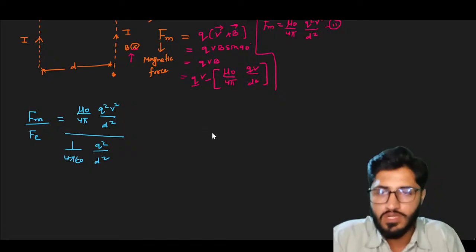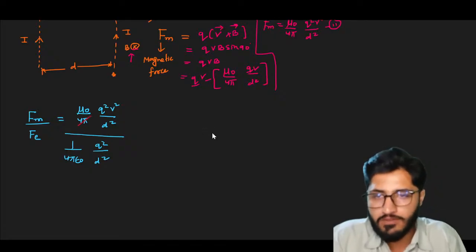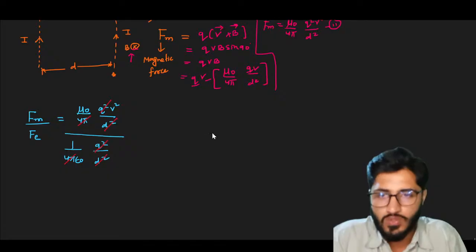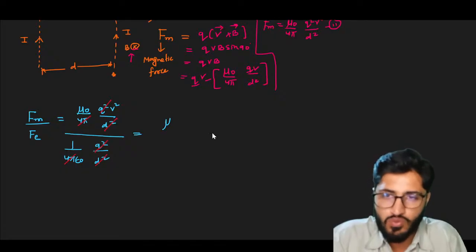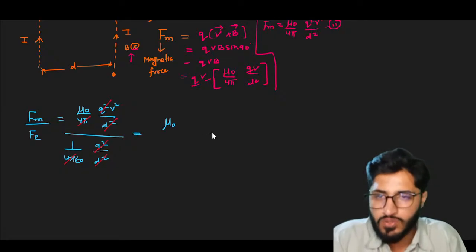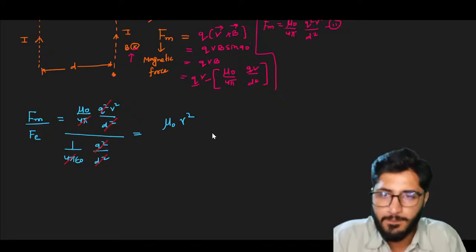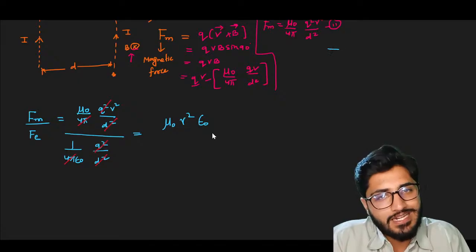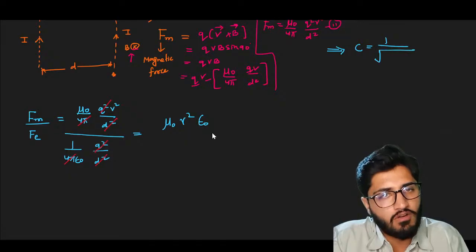Look here now. 4π cancels out, q² cancels out, d² cancels out. So my answer came out to be μ0 ε0 v². One more identity that is very important: the speed of light, c equals 1 divided by the square root of μ0 ε0.